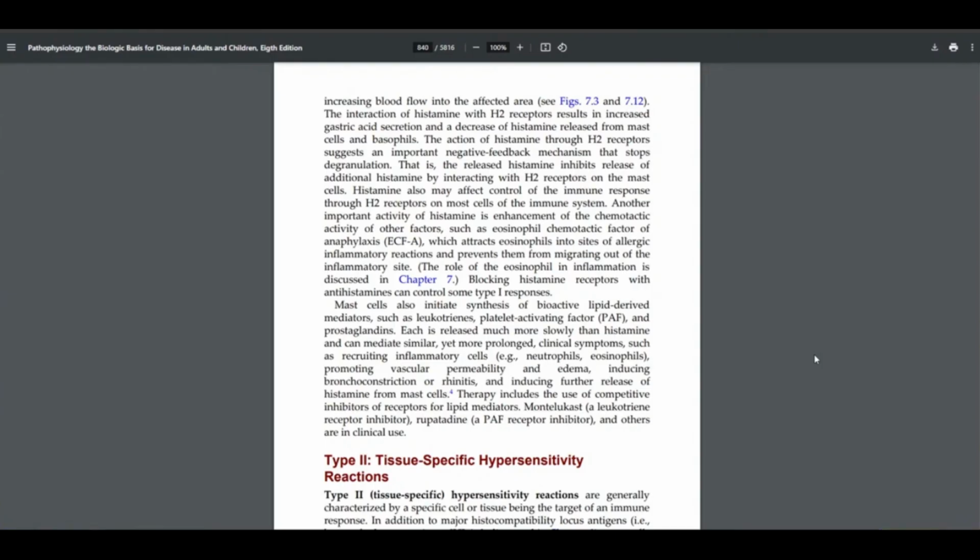Therapy includes the use of competitive inhibitors of receptors for lipid mediators: montelukast, a leukotriene receptor inhibitor, rupatadine, a PAF receptor inhibitor, and others are in clinical use.